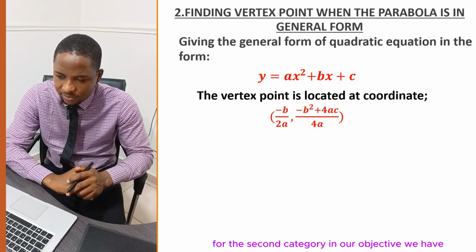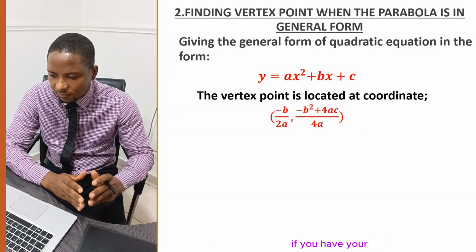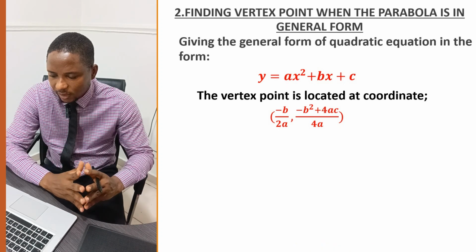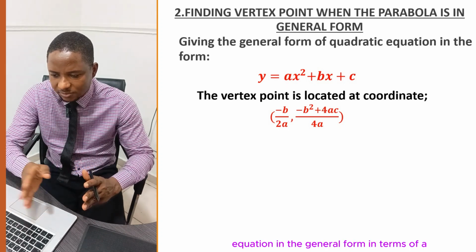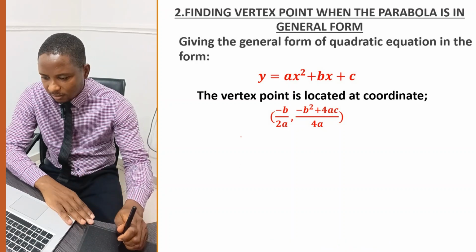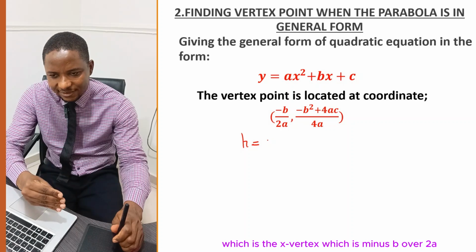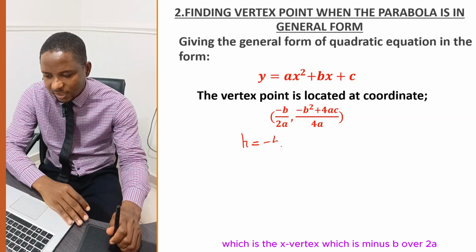For the second category in our objective, you have your equation in general form, ax squared plus bx plus c. My focus for all my students is finding the h, which is the x vertex, which is minus b over 2a.